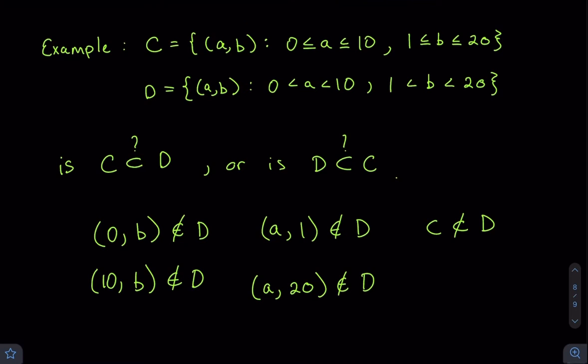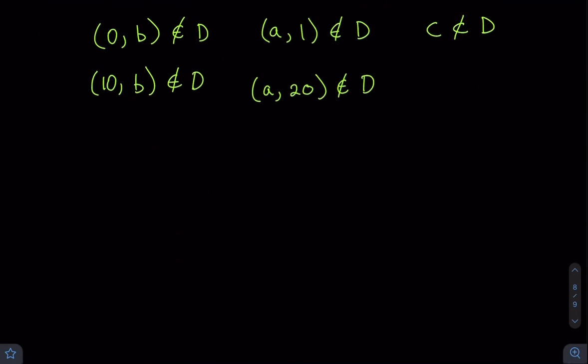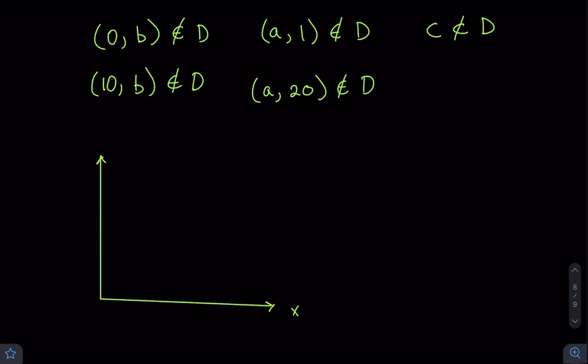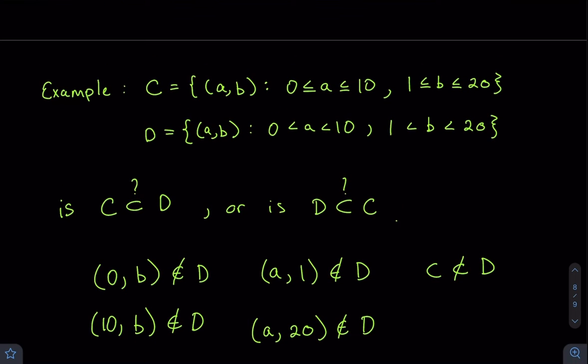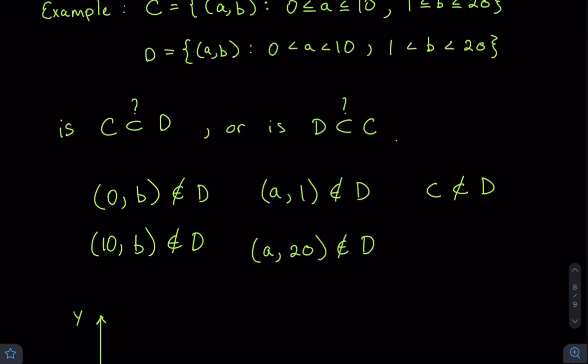We can illustrate set C and D on the xy plane. And if we just look at the first quadrant of the xy plane, so here's going to be our x and our y-axis. Our A is the x-coordinate, and we'll have A be between 0 and 10.